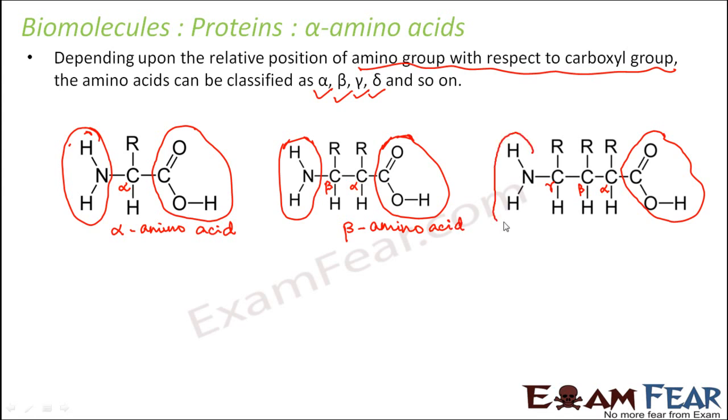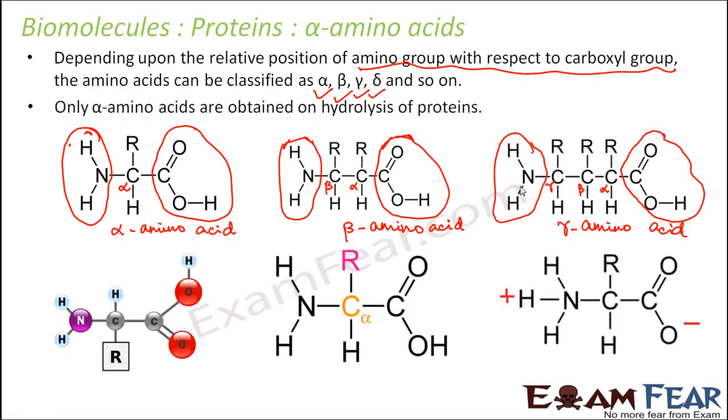In this case, the amino group is linked to the gamma carbon, so it is a gamma amino acid. And this will continue. The next carbon atom will be known as delta, and if your amino group is connected to the delta carbon atom, it will be known as a delta amino acid. So amino acids can be classified in this fashion: alpha, beta and gamma amino acids.